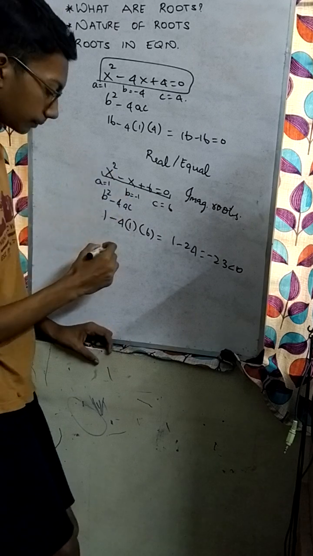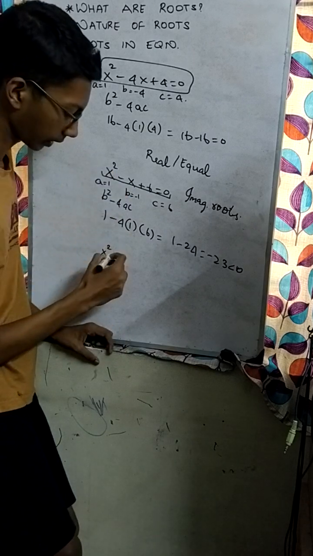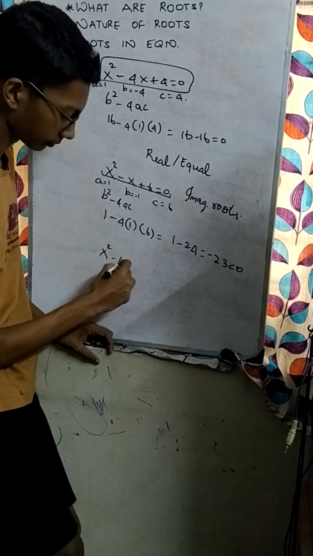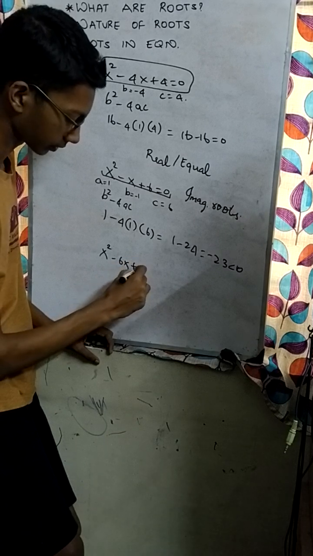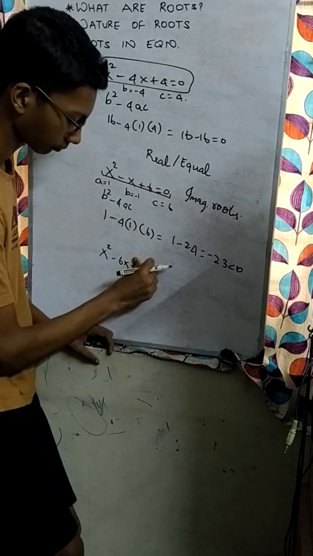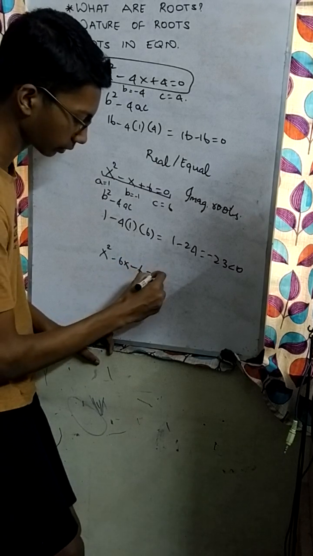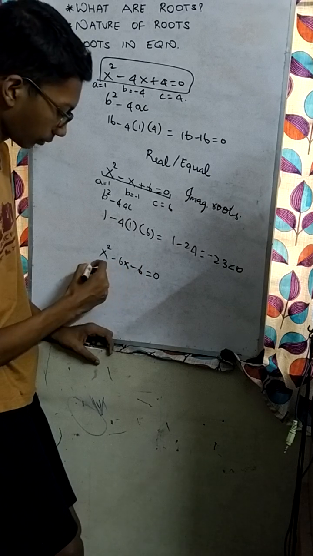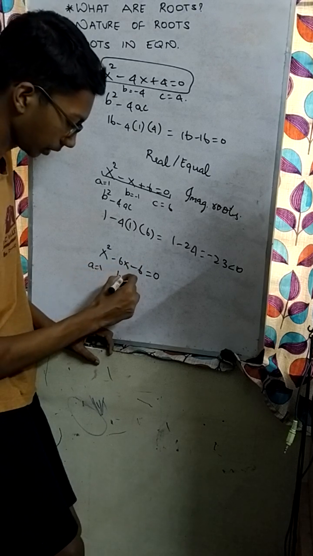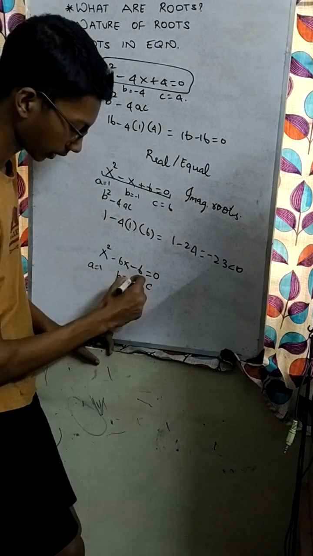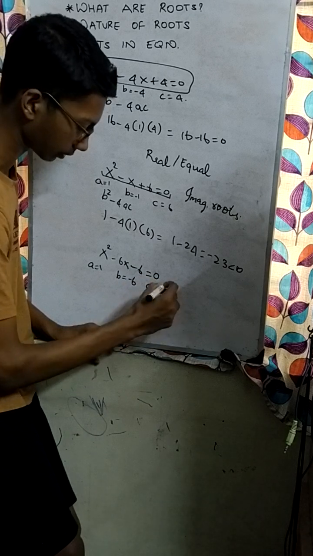Now the last thing. Let's say we have x square minus 6x plus 6 equals 0. So here we have a equals 1, b equals negative 6, c equals 6.